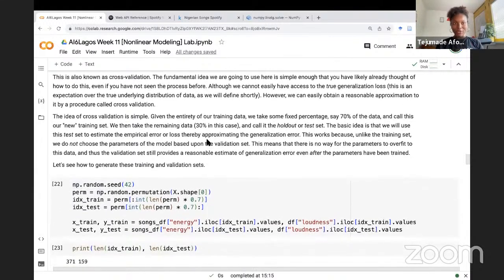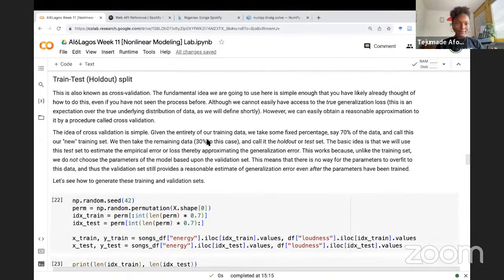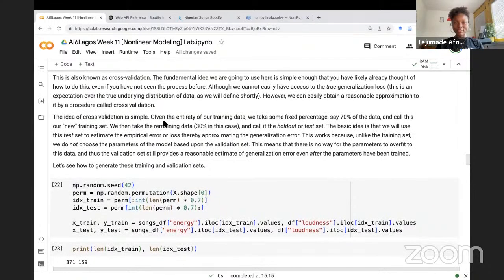Here we'll call it holdout or test split for now. The process of doing this is called cross-validation. The most popular split is the 70-30 split, which is 70% of your entire data going to the training set, and 30% going to the holdout test set.